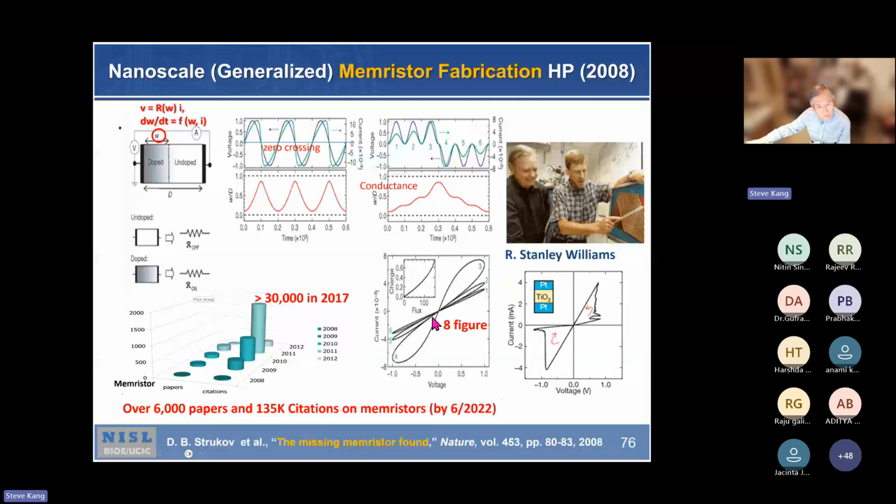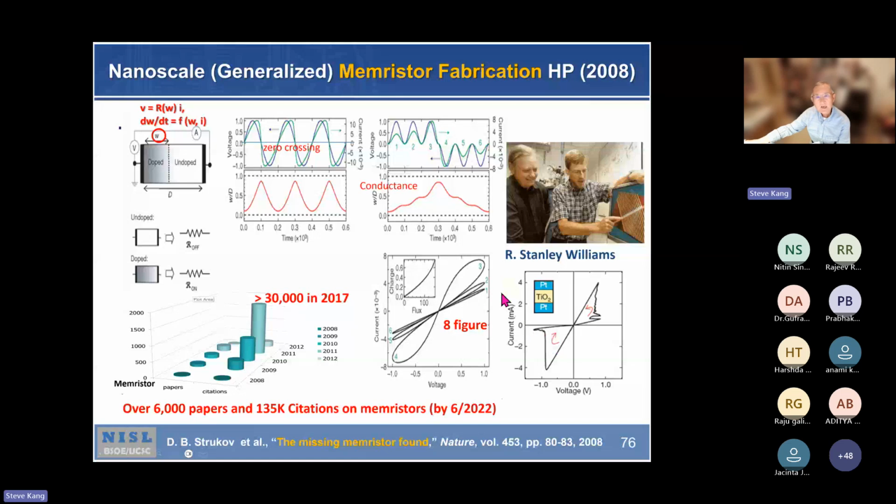Thereafter, this is important: after you have a solid state device, the number of papers increased drastically, almost exponentially. By 2017, there were more than 30,000 cumulative citations.